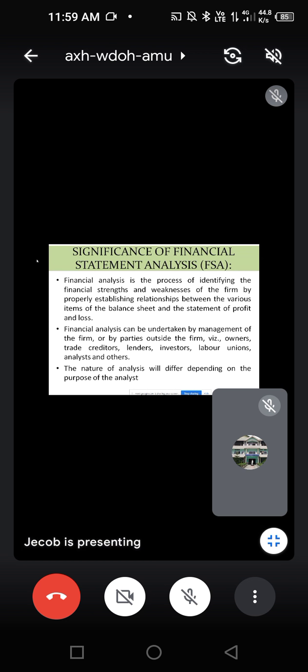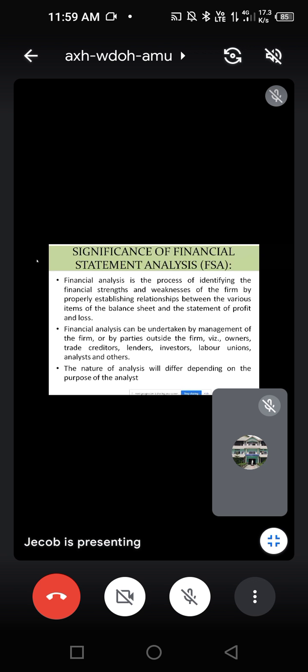Because all these statements are interrelated. We know that these are interlinked. So when these are interlinked, any kind of problem in one statement is going to affect the other one also. It is going to create a problem for the other one also. So that is where we need to understand the influence of one statement on another.